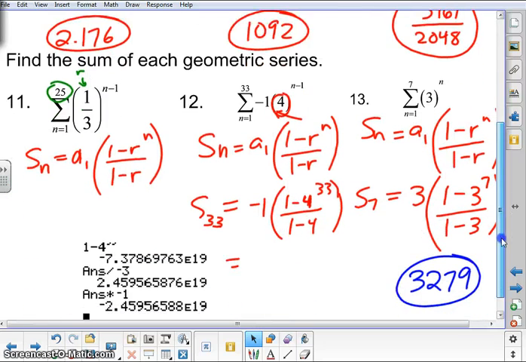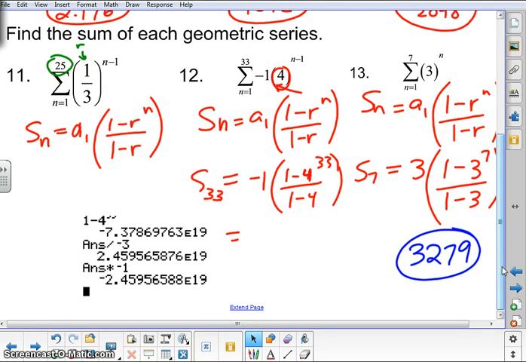Okay, so let's go ahead and finish this up. I wanted to point out that the second one, I forgot to put in that 33, so you probably realized that already. So once you plug it in the calculator, it's going to look something like this. So I did 1 minus 4 to the 33rd power, and I got this humongous number. And then I divided by negative 3, because 1 minus negative 4 is negative 3.